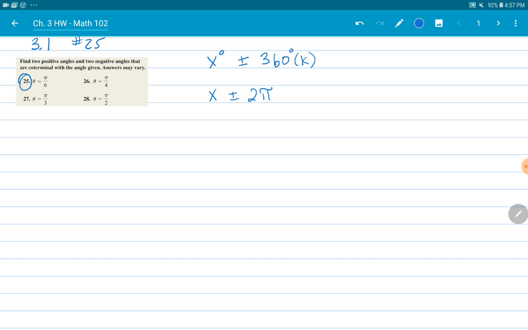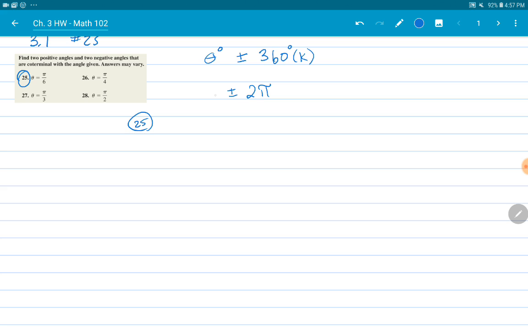So in this case, for number 25, I'll call this theta. Our theta is pi over 6. So if I add 2 pi to that, then to add the fractions, I have to get that common denominator of 6.